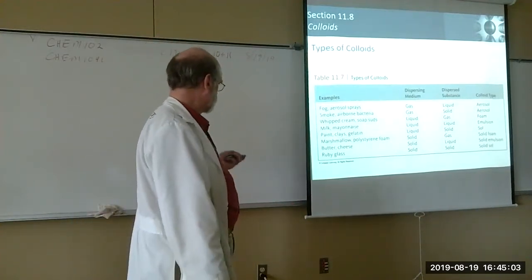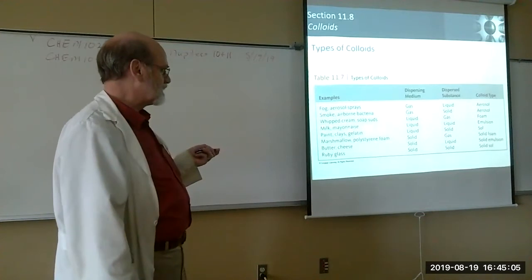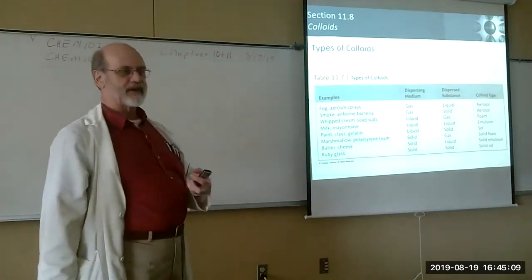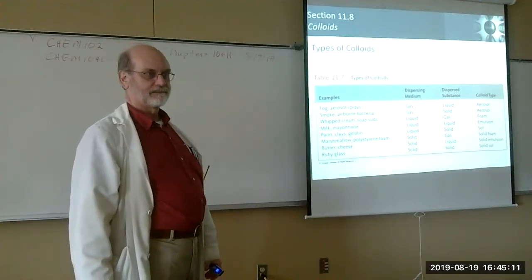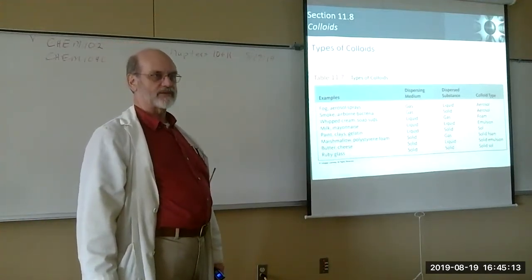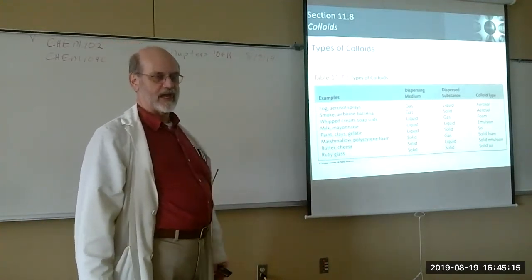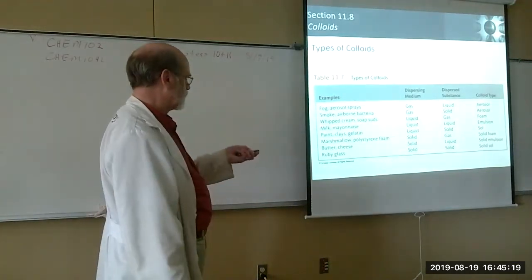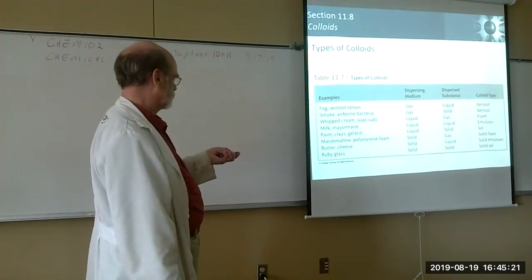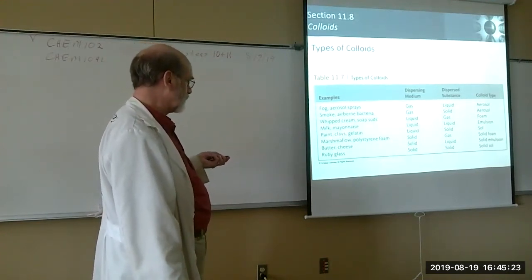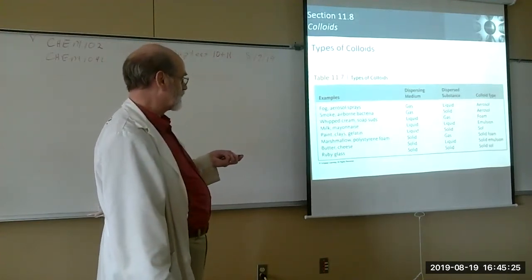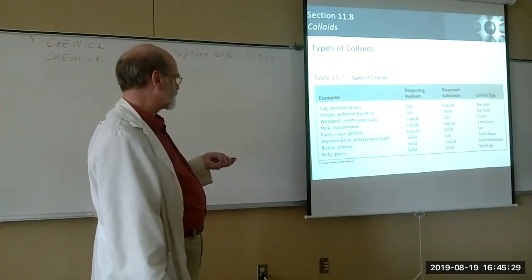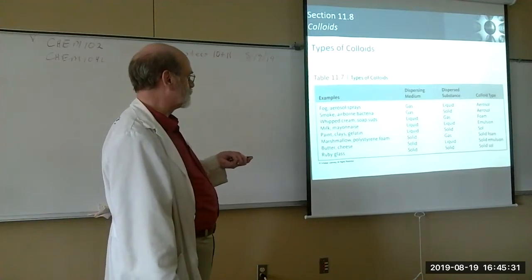That's homogenization for milk. Mayonnaise is an emulsion based upon the effect of egg. Egg whites are effective emulsifying agents, so they maintain everything else in this colloid. Gelatin is a solid in a liquid. Gas in a solid is a solid foam.